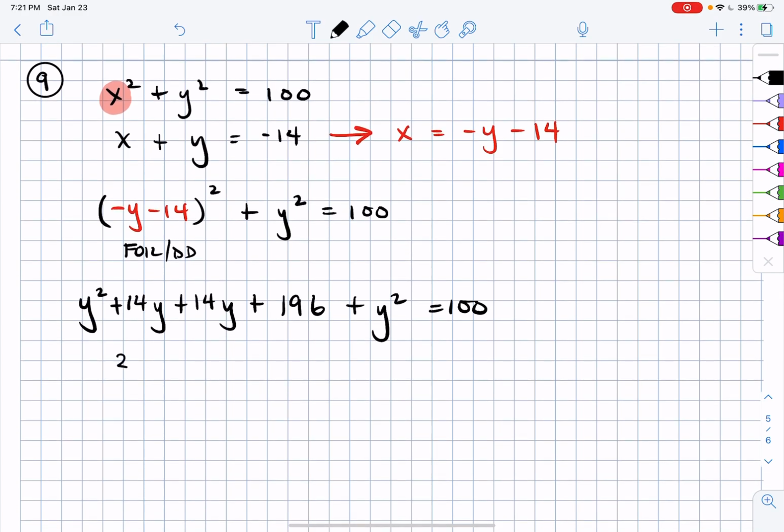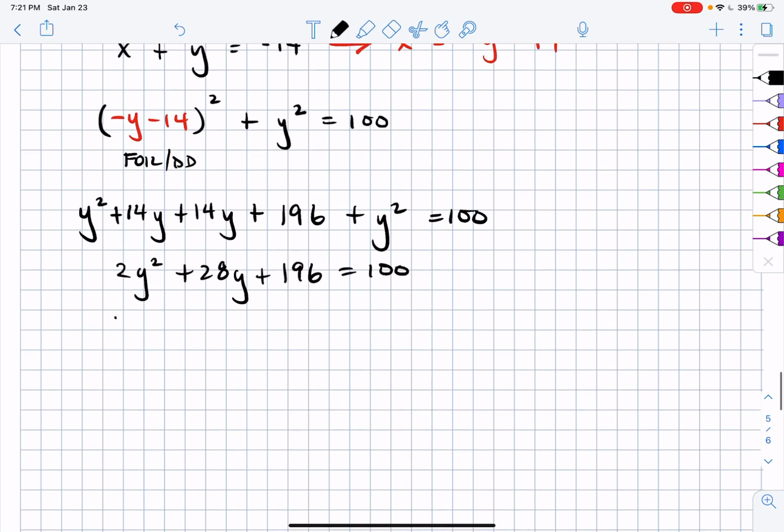I get 2y squared plus 28y plus 196 is equal to 100. Then I gotta subtract that 100 over. So I have 2y squared plus 28y plus 96 is equal to 0.